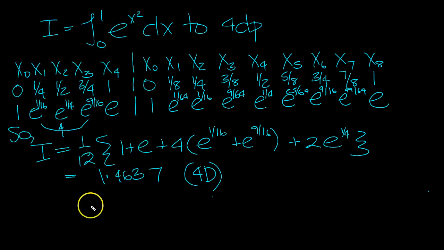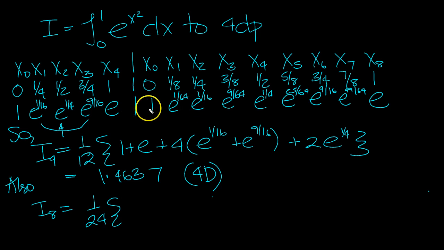Yep. Okay, now let's do the other one. This would be 8 strips, wouldn't it? The last was 4 strips. h over 3 for this one now: 1/8 over 3 is 1 over 24.